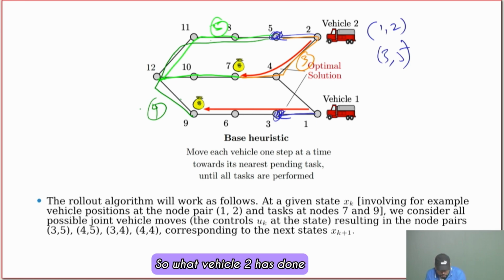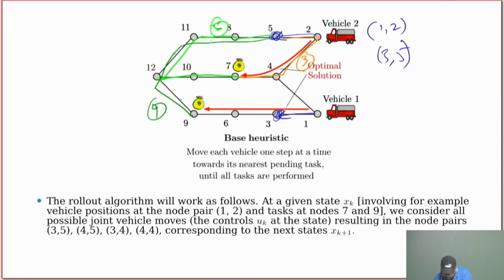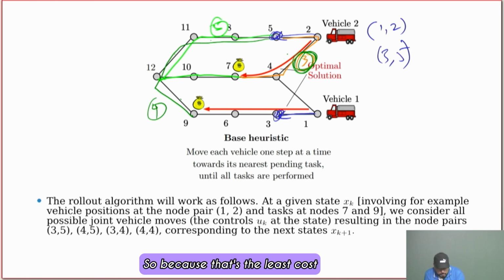So what vehicle 2 has done while being at 5 is that it calculated the shortest path, and according to the shortest path, this seems to be the good one, because that gives the least cost.